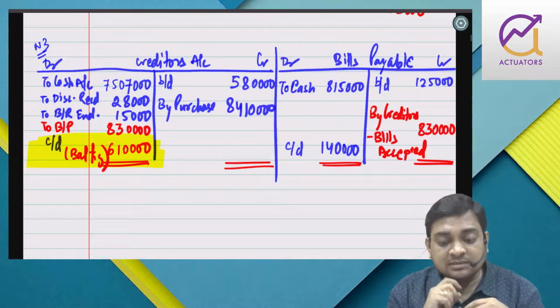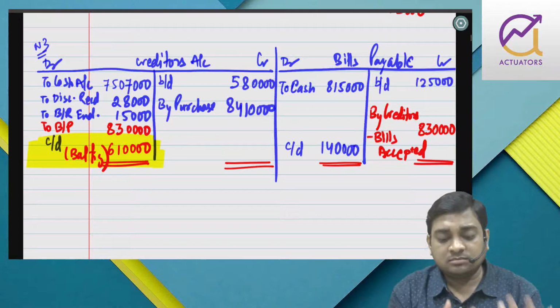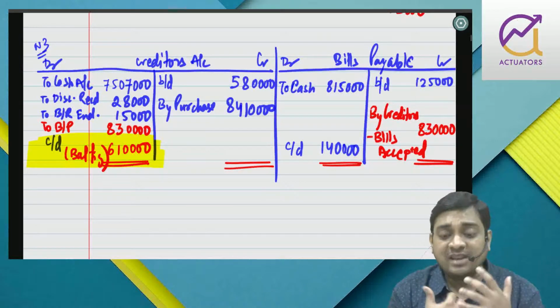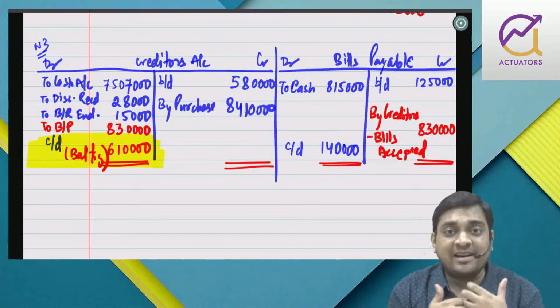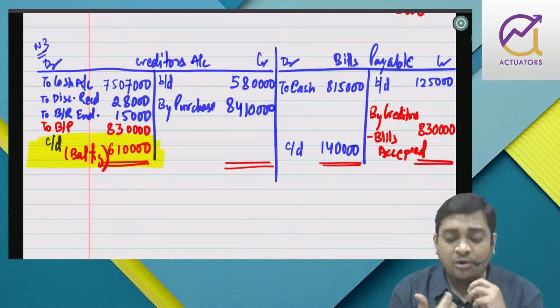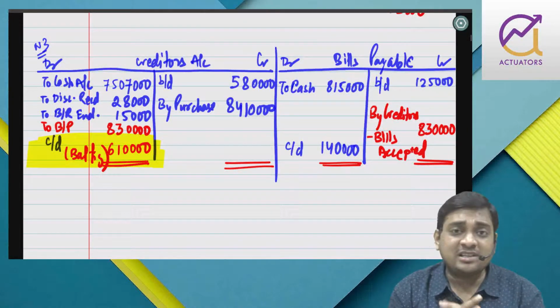And rest, again and again I'm telling you that if you practice a lot, the chapter is very easy. It's a very scoring chapter, and it actually shows your skills, right? You know from which account you get what, as to what information your debtors can provide you: the opening debtor, the closing debtor, the sales part, the collection part.